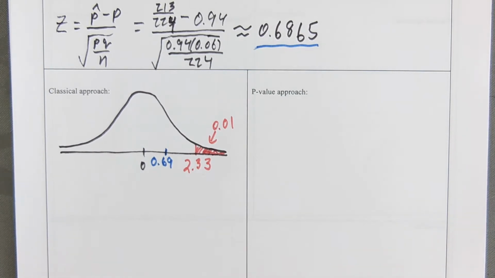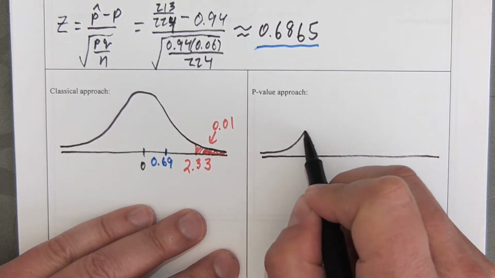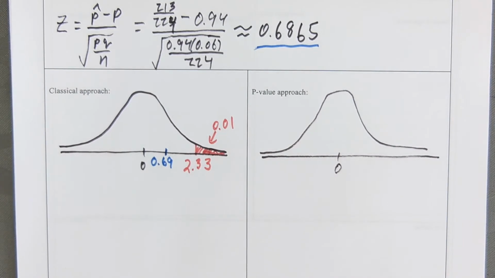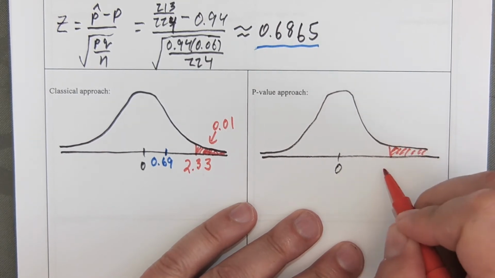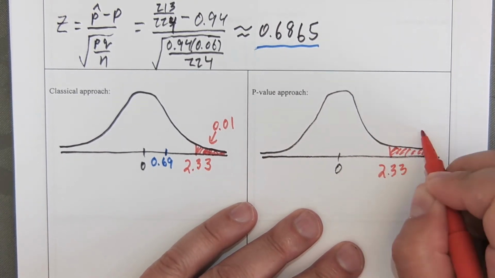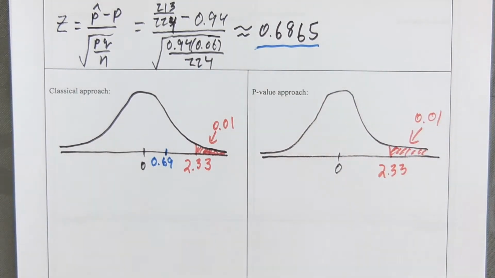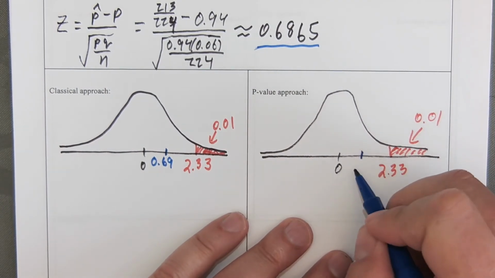Now, the other approach, the p-value approach, says we have our same alpha. And we take our test statistic.